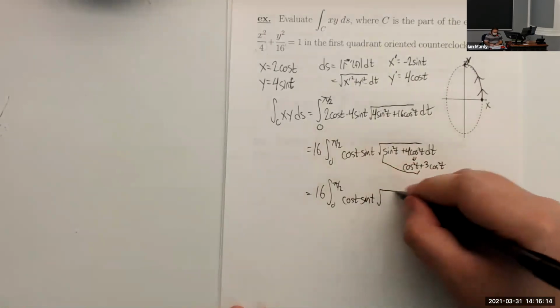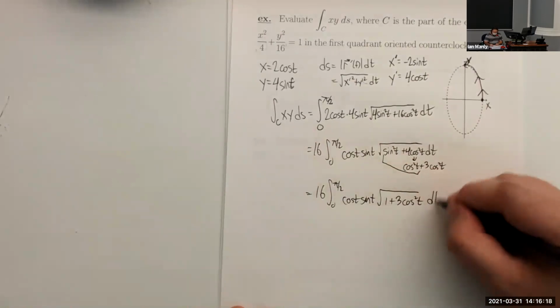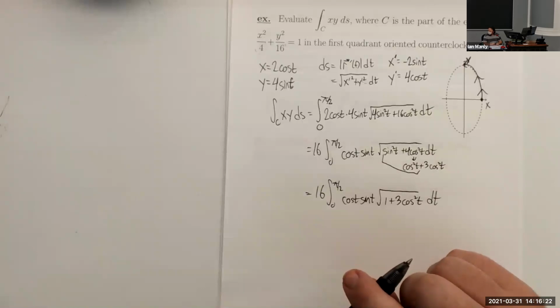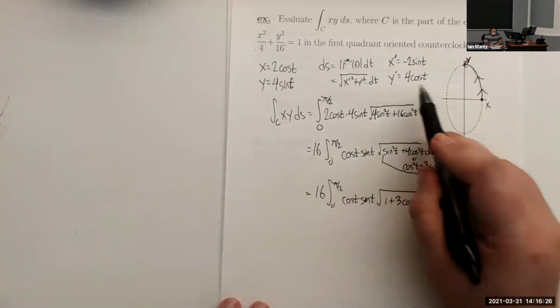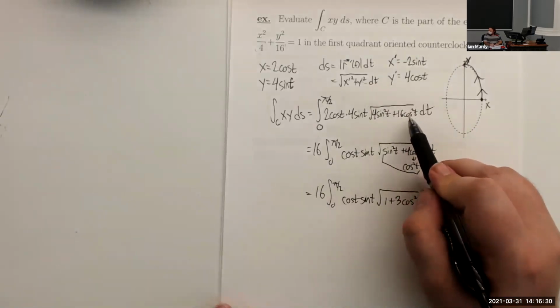So my integral ends up turning into this right here. Why did the 4 in 4 cosine not get squared? Oh, it did get squared. Yeah, we'd have y squared, so we ended up with 16 cosine squared right here.